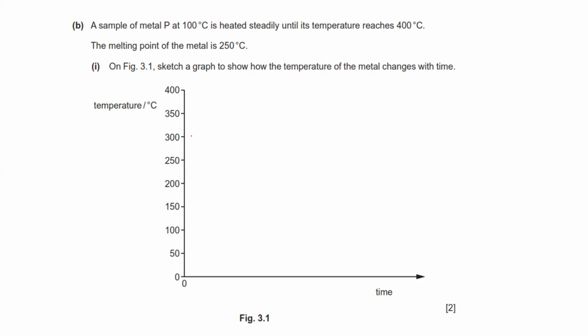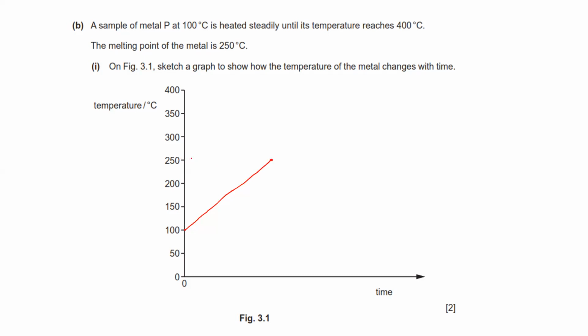So its initial temperature was 100 degrees centigrade and it is heated till it reaches 400. It is heated steadily till it reaches the melting point of 250 degrees centigrade.